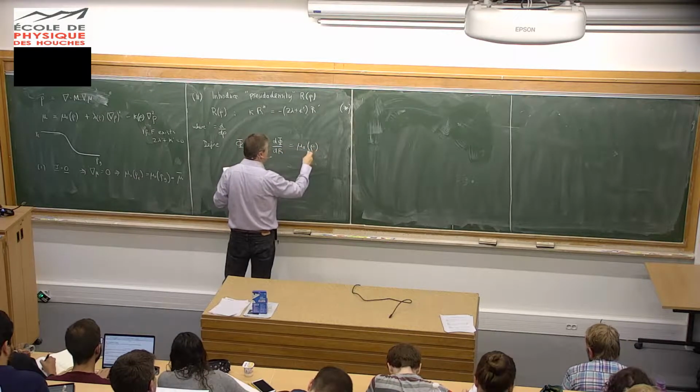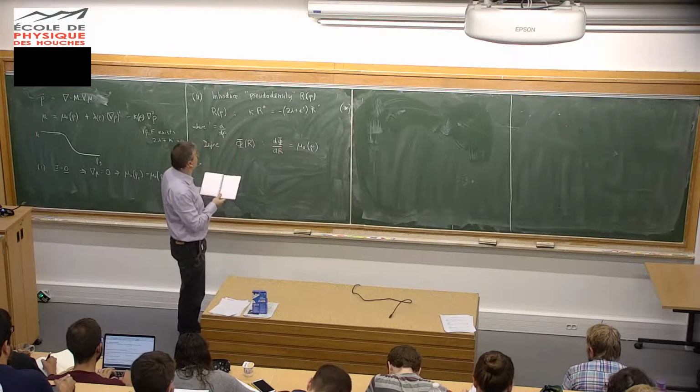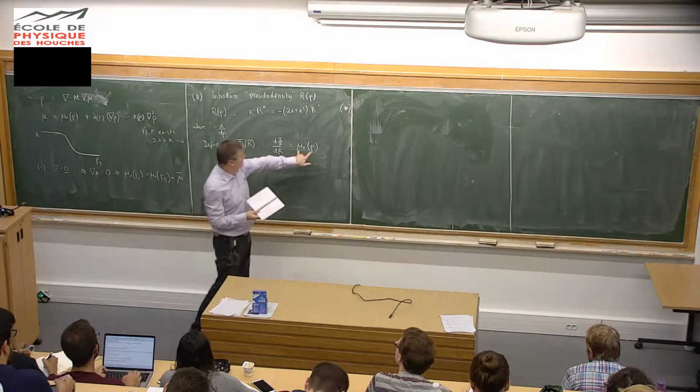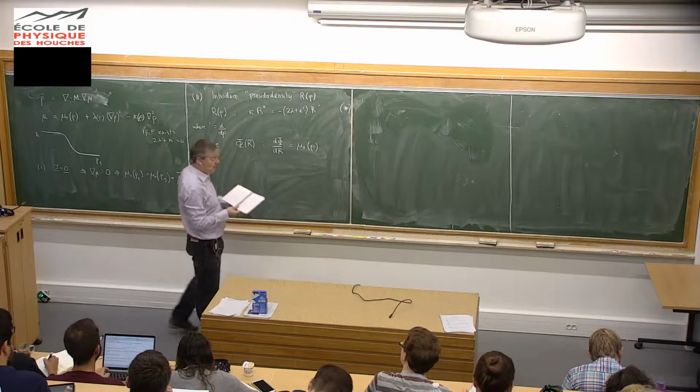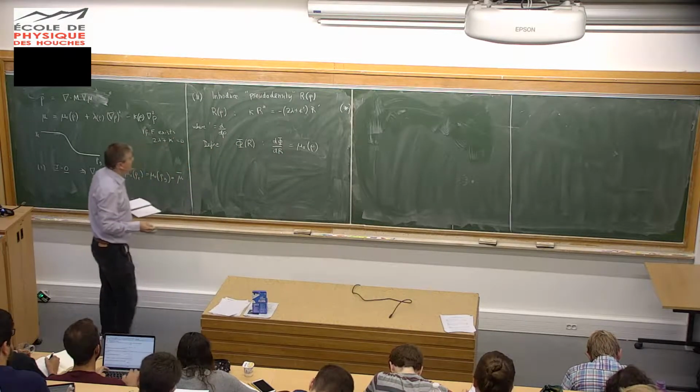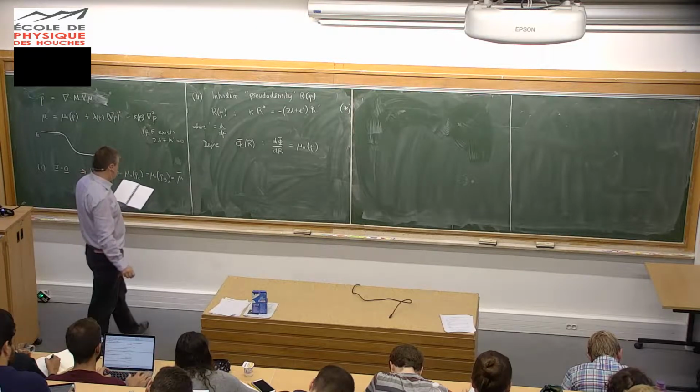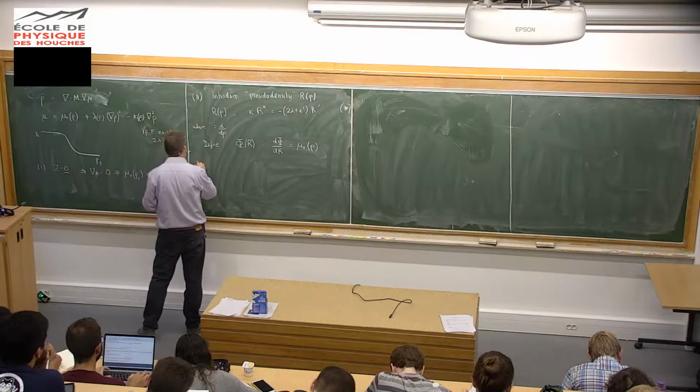Well, mu naught is a function of rho, which is therefore a function of R. So I first express mu naught as a function of R, and I integrate it once, and that gives me this phi. So that looks a bit mysterious, but then the key point is the following.